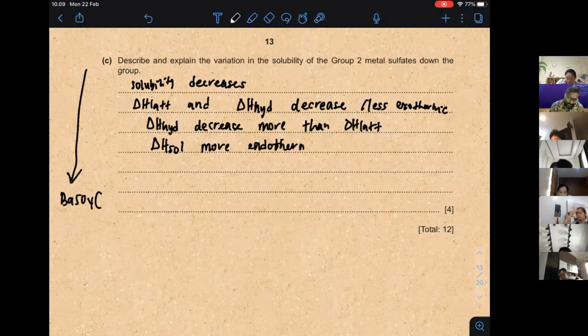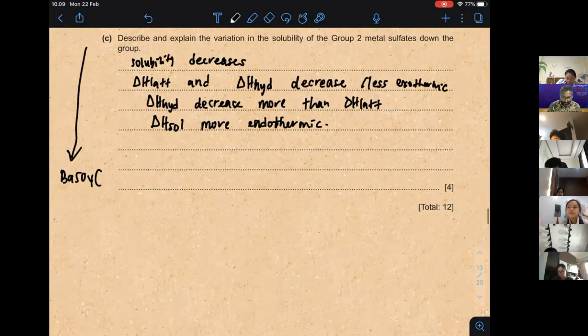And I think I told you to come up with ways to remember. I forgot what I asked you to remember. Is it SHL, I think, if I'm not mistaken, SHL, sulfate.